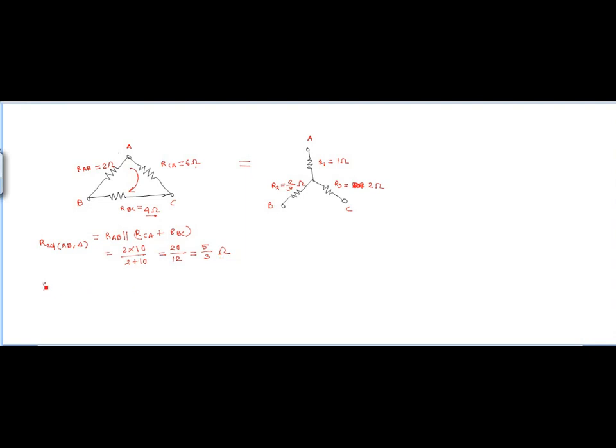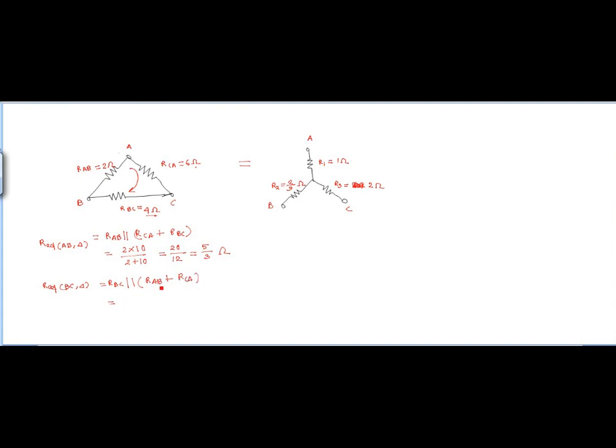Similarly, R equivalent between terminal B and C in delta network. For BC, RAB is in series with RCA and this combination is parallel with RBC. So RBC parallel with RAB plus RCA.